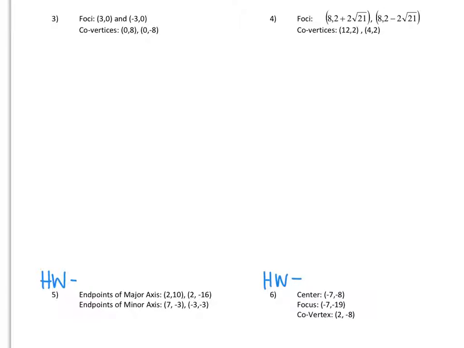So I'm going to draw a picture, see what this looks like. So I have my foci at 3, 0, and negative 3, 0. So we'll call this F1 and F2. And I have covertices at 0, 8 and 0, negative 8.